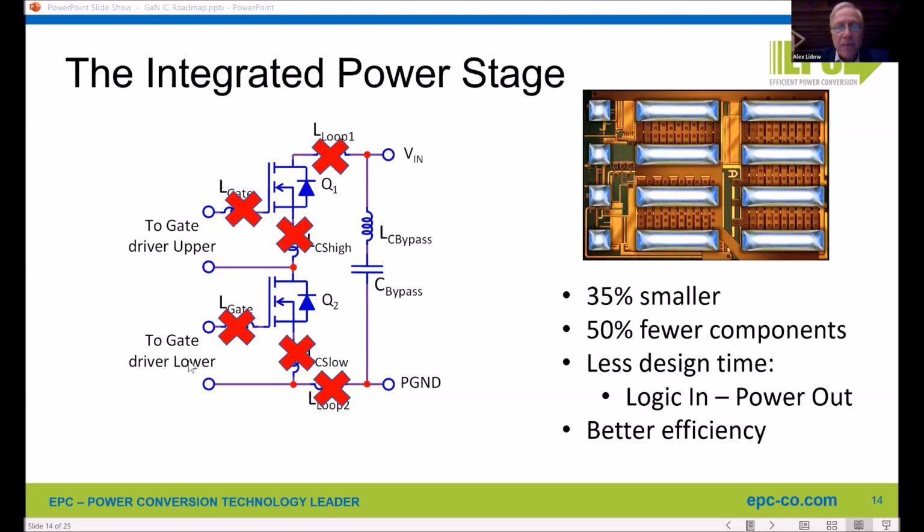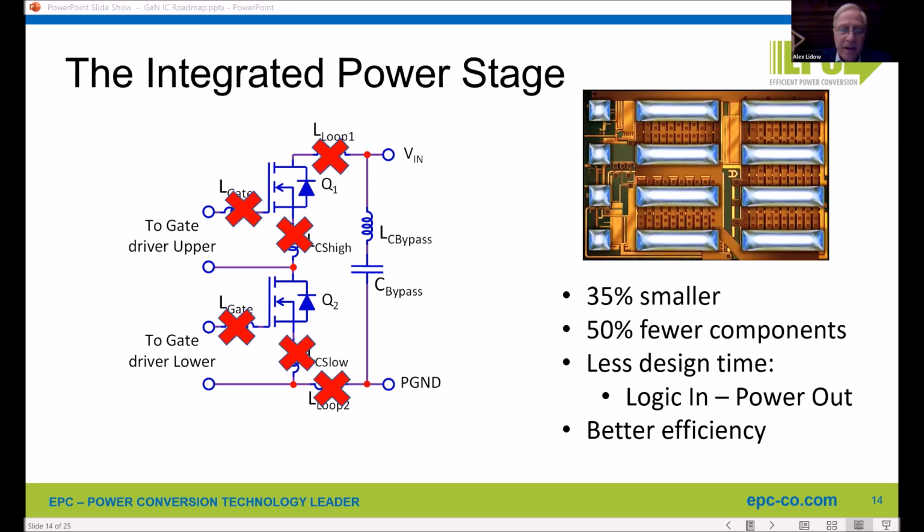Yeah, and if I may share screen, this is from the presentation that was just on. This is how we prioritize our integration: to get rid of the parasitic inductances in the system, because those are the things that really limit GaN performance. When you integrate, you get a super advantage from integration. There's no digital logic in here or any of that.